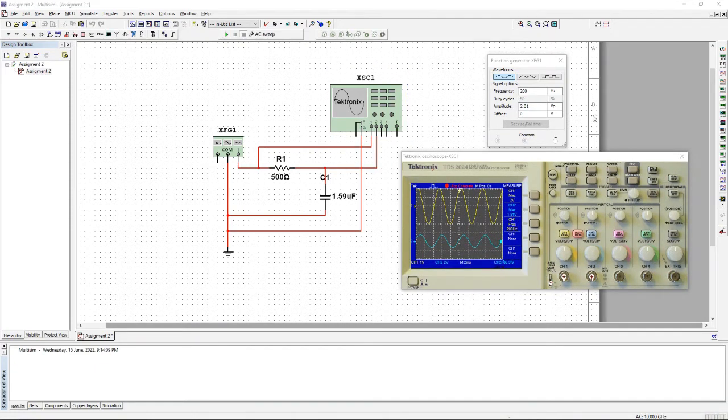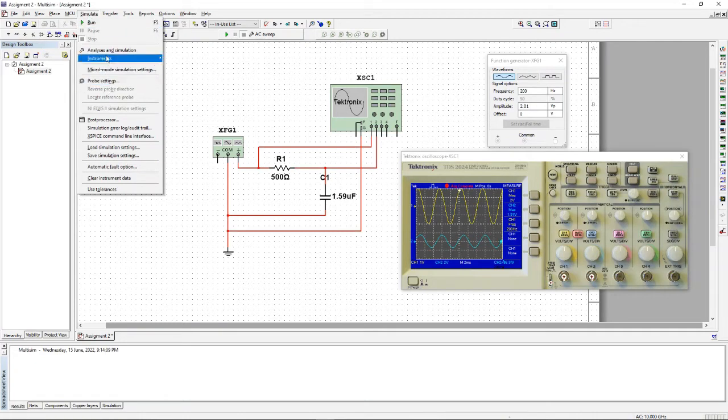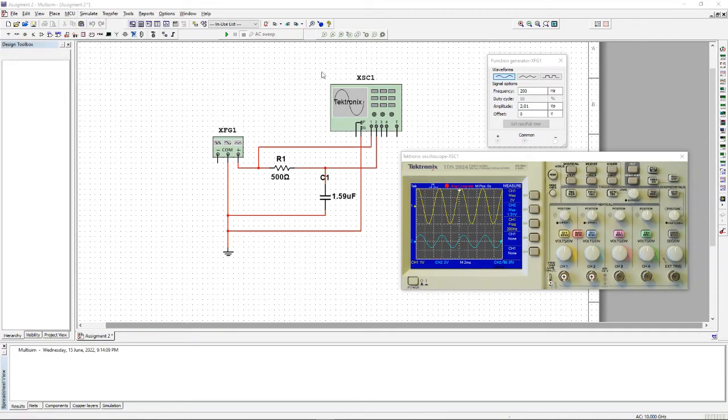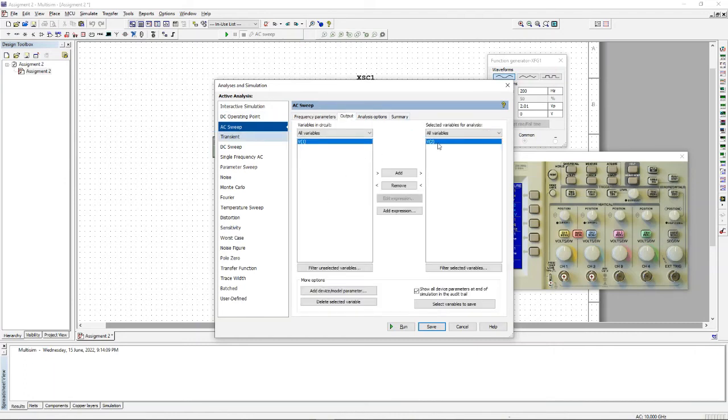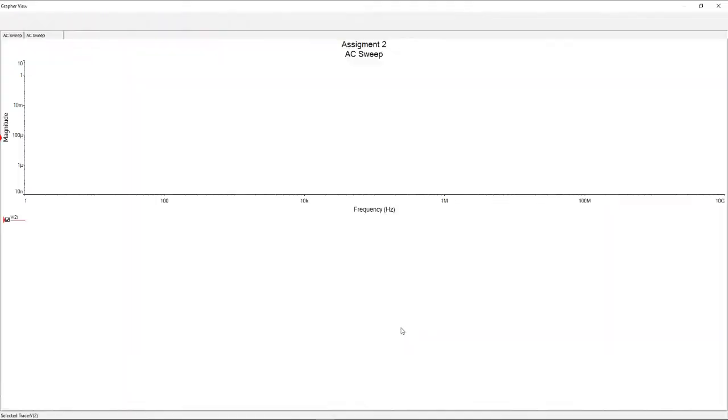After finding the V out max, I will show you how to find the graph using Multisim. Press the simulate button, and then you need to go to analyze the simulation. After that, go to axis sweep, using the setup, set the output as V2, and then we need to press run.